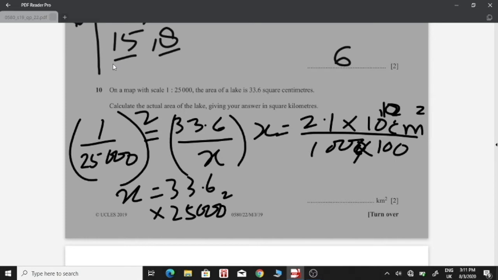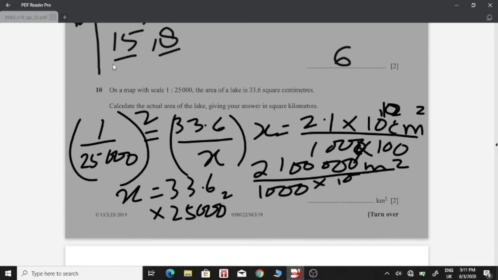So this becomes 2,100,000 meters square. And now I'll convert it to kilometer square by dividing it by 1,000 into 1,000, which gives us the answer as 2.1 kilometers square.